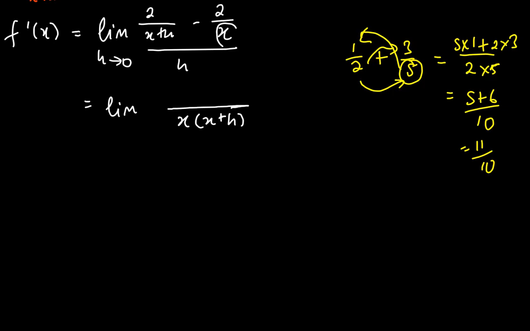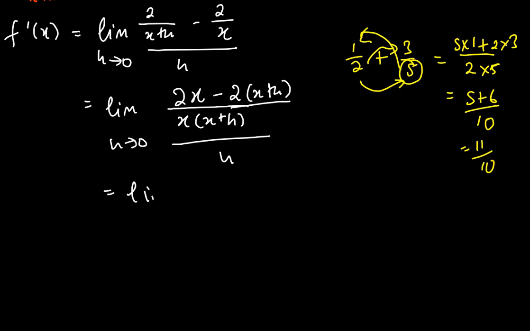Then we say x times that 2 there. What is x times 2? Yes, that will be 2x. You write it here. Then you say this times that. The sign in between is minus, so I'm going to write minus. Then I say x plus h times 2, which is the same as 2 into x plus h. So this is what we're going to have. Now do not forget that all of that is divided by h as h approaches 0.